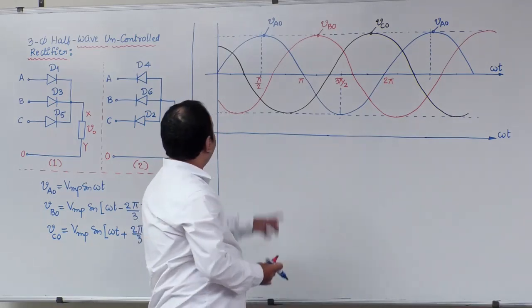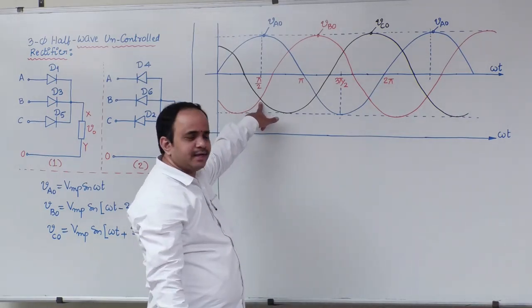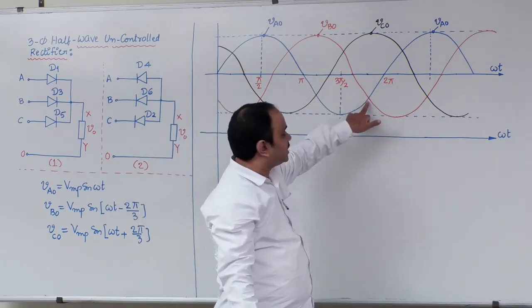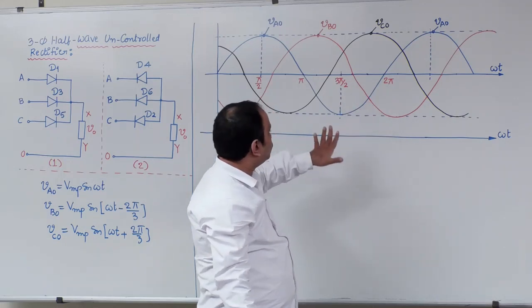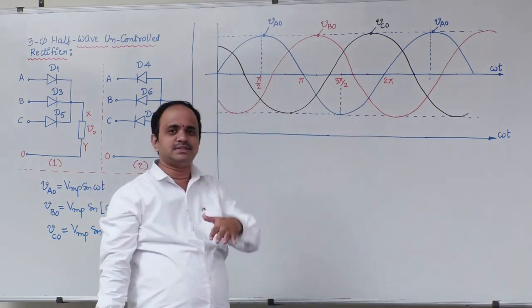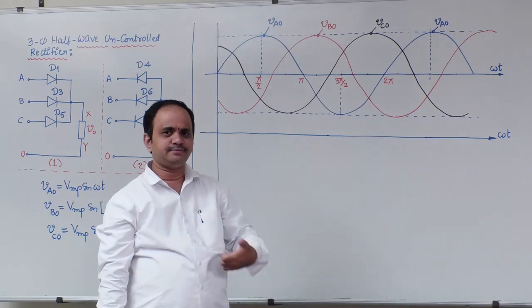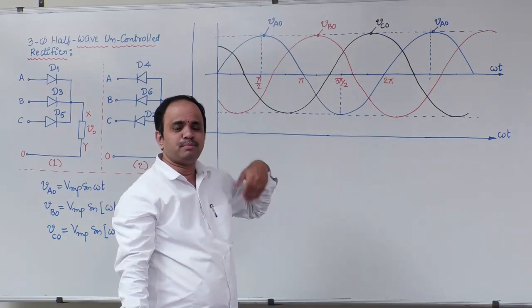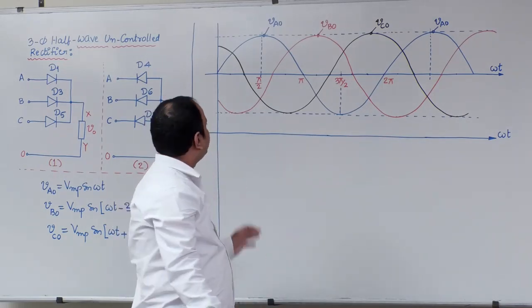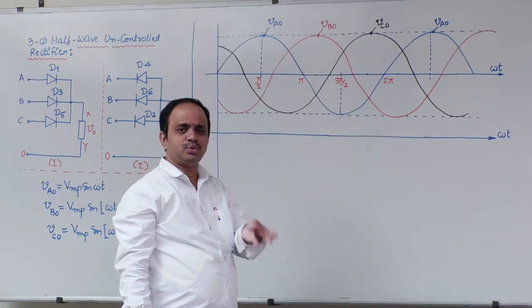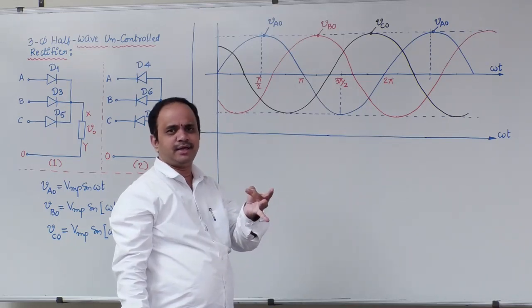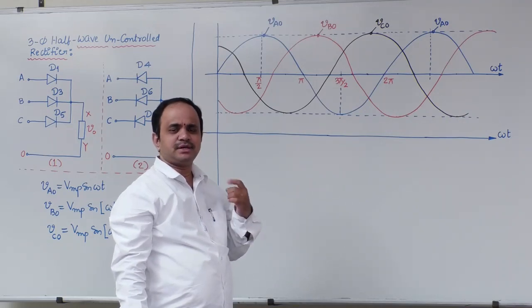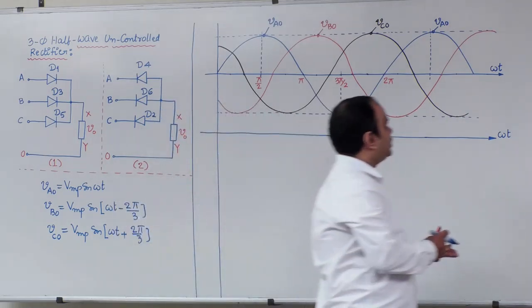I am repeating. At omega t is equal to 90 degree, 210 degree and 330 degree, any two phase voltages cross in the negative side. At those instants, third phase voltages have positive peaks. Therefore, these 3 points are named as negative phase crossover points. Let me write down here.